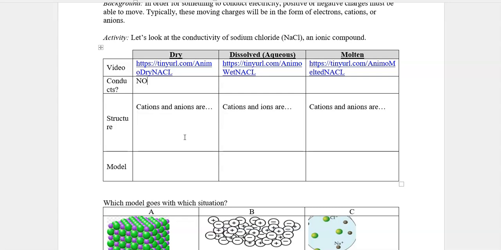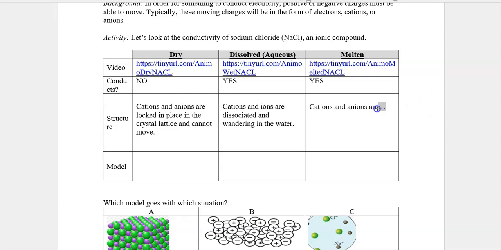So did it conduct while dry? No. Did it conduct while dissolved? Yes. Did it conduct while molten? Yes. So dry, cations and anions are locked in place in the crystal lattice and cannot move. Dissolved, cations and anions are dissociated and wandering in the water.